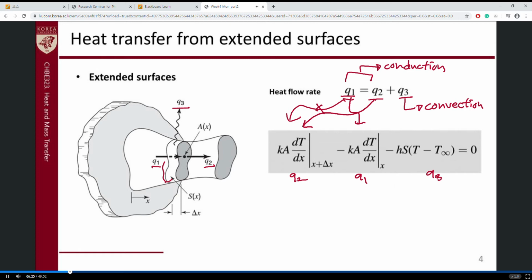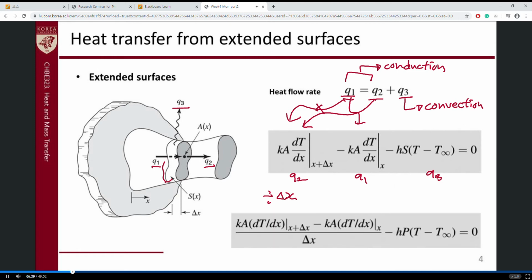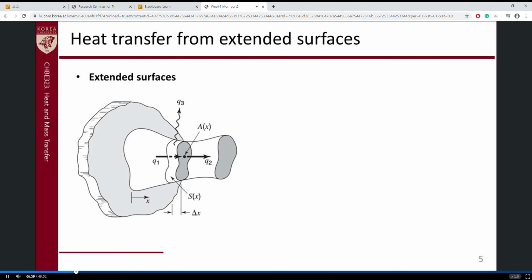All right. From these equations, we divide by delta x, and we will get this equation, right? And this p value is the perimeter, which is the surface area divided by delta x, right? So we call this the perimeter. Okay.